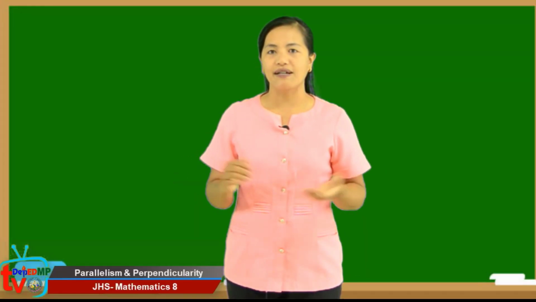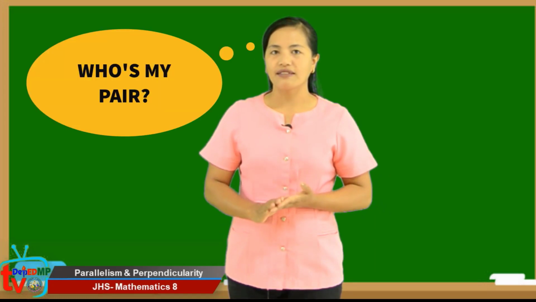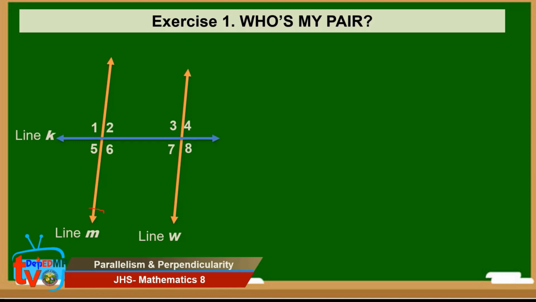Let's have another example. Together, let's do the activity entitled Who's My Pair? Line M and line W are the parallel lines, and line K is the transversal. The 8 angles are already named using numbers. We need to be familiarized which are interior angles and which are exterior angles.